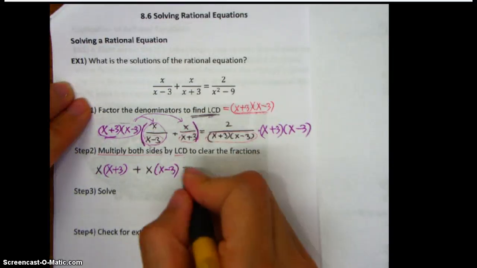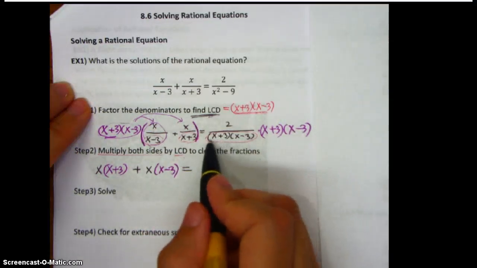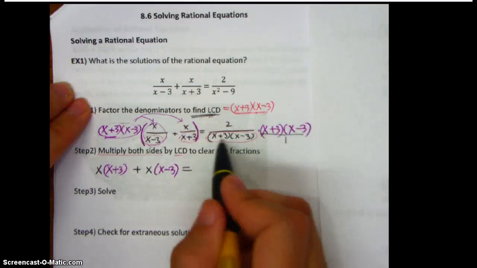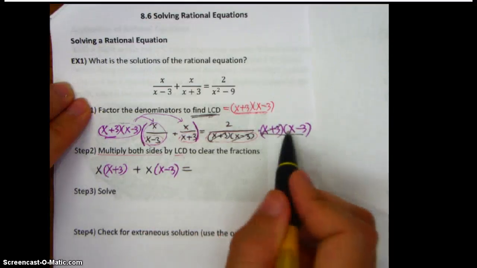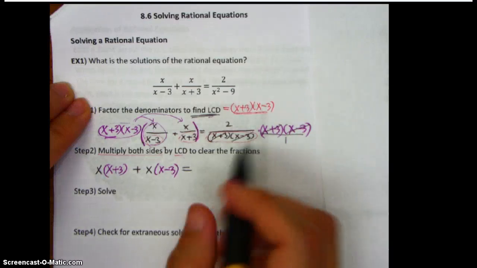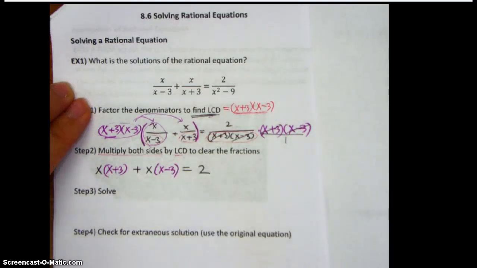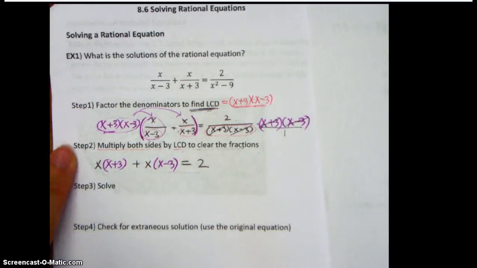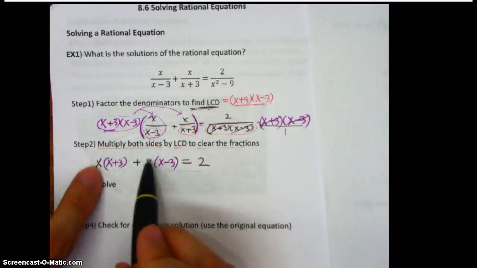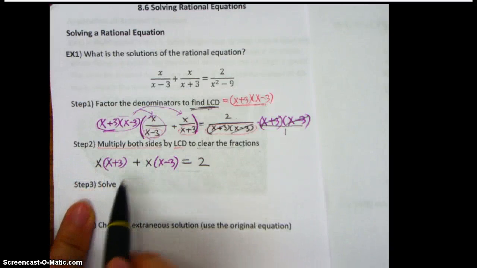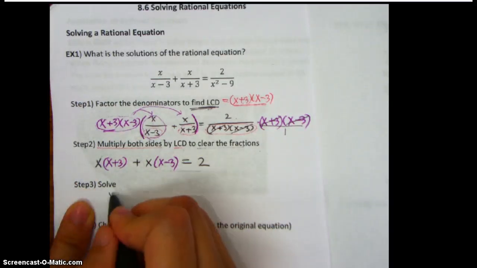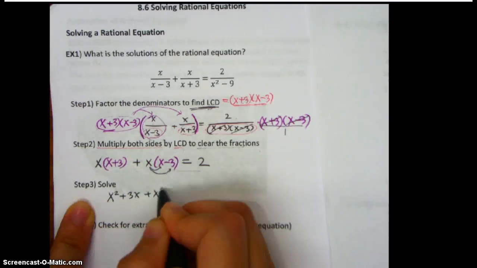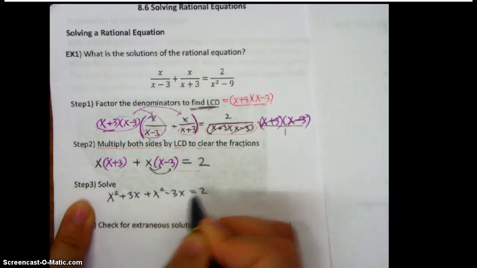This is equal to, now this is just a fraction, so these expressions are over 1, and you can just cancel x plus 3 and x minus 3. You will only have 2 over 1, which is 2. Because we cleared the fraction, now it's just a simple polynomial. So let's distribute all that and simplify so that we can solve it. If I distribute, I get x squared plus 3x plus x squared minus 3x is equal to 2.